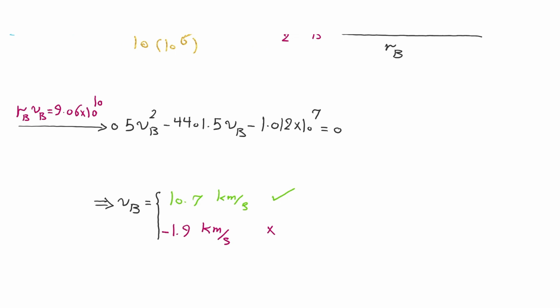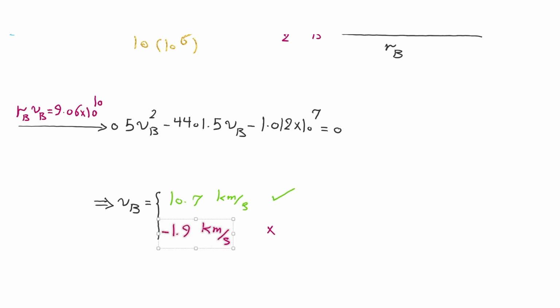Solving this polynomial will give me two values. One is 10.7 kilometers per second, which is acceptable, and minus 1.9 kilometers per second, which is not acceptable because it's negative and the speed cannot be negative.